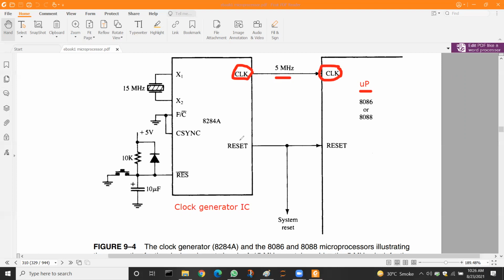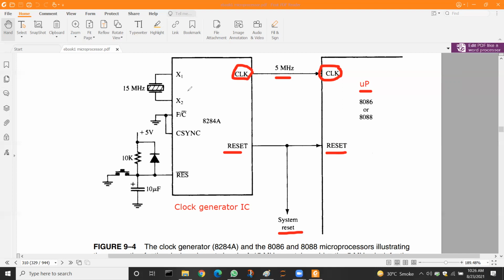Another pin which is attached is the reset pin. As you can see, the purpose of the reset pin is system reset. So this is the reset button. And when we press that button, the microprocessor will restart immediately.